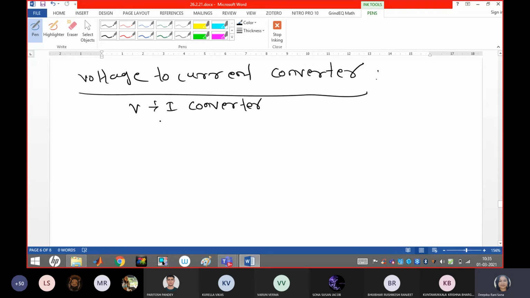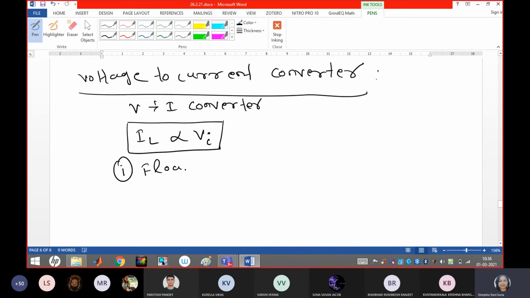In this voltage to current converter, mainly the total output load is proportional to the applied input voltage. We have to achieve this from the circuitry. As per the concept, the load connection is of two types: one is floating load, another one is ground load.